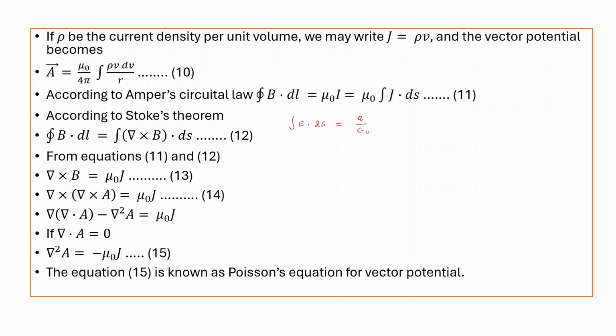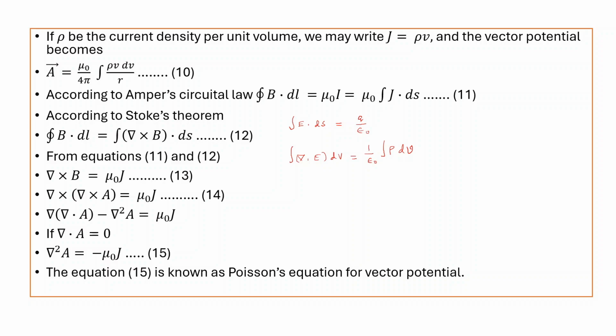Now we have to change this in terms of volume integral using our Gauss divergence theorem, integral del dot E dV. Yes, we have converted this surface integral into volume integral, which is equal to 1 by epsilon naught integral rho dV. This q is replaced by integral rho dV.